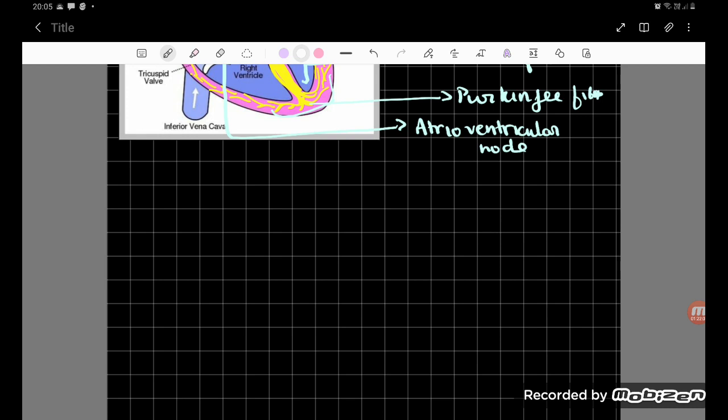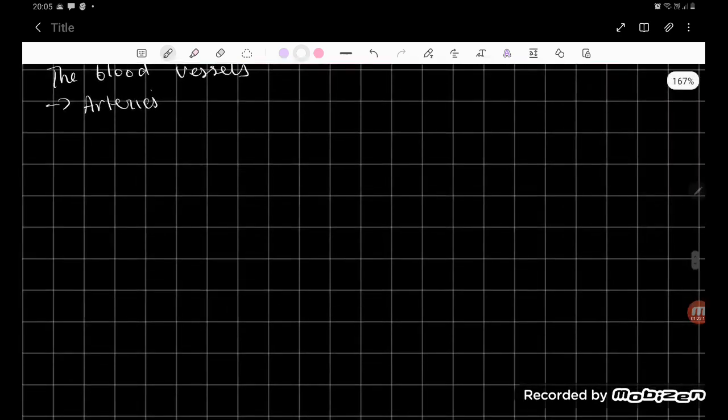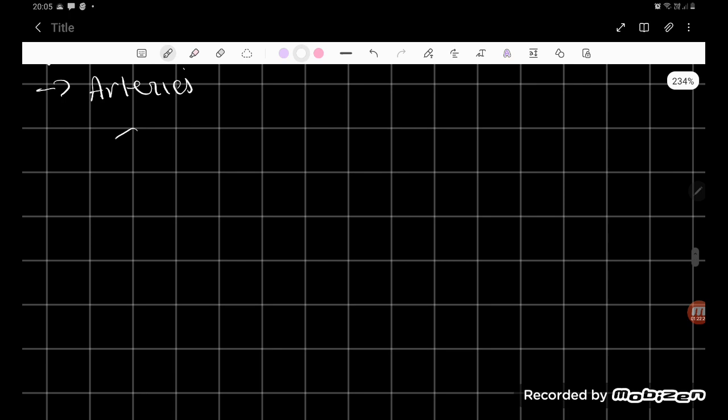Let me start off with arteries, the blood vessels. Of course we have arteries. I'm gonna do this diagram so you don't have to just go through your notes. I am very bad at drawing. Arteries.